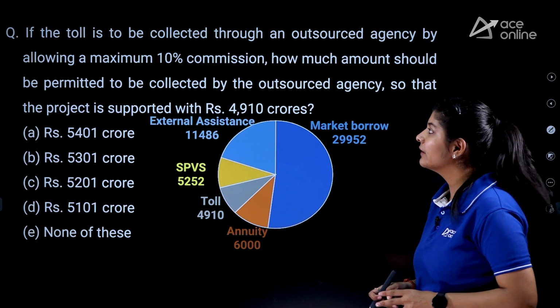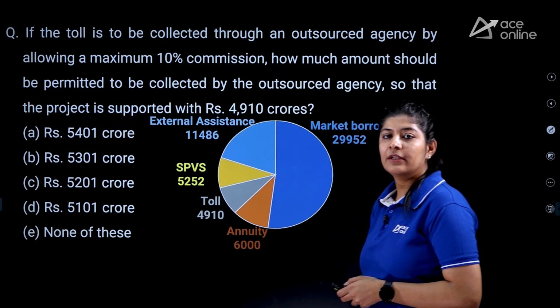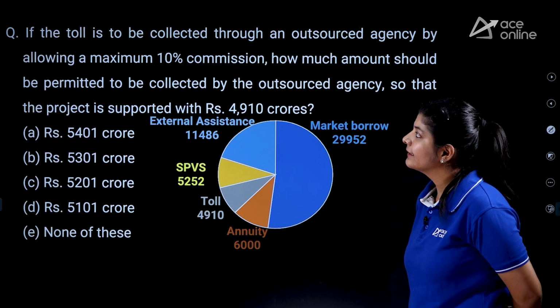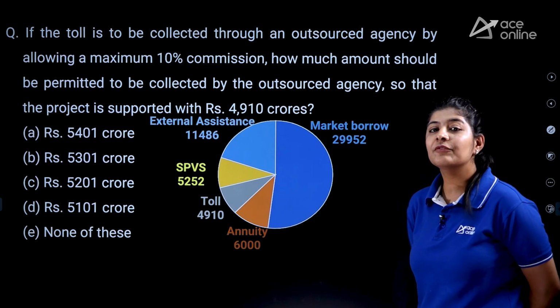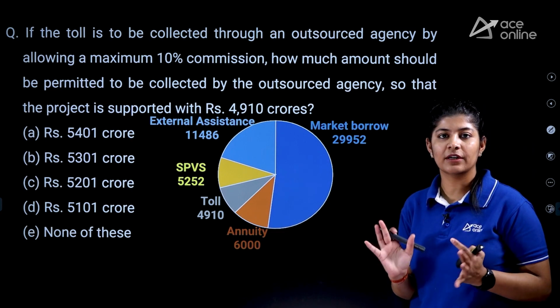So basically you have to find out the total value. If the agency is taking the maximum commission of 10%, then you have to find out the total value.